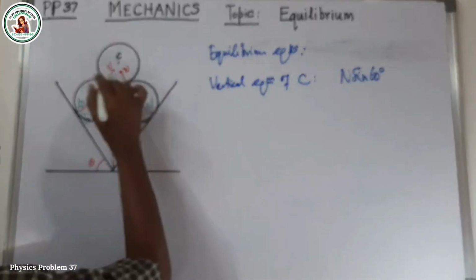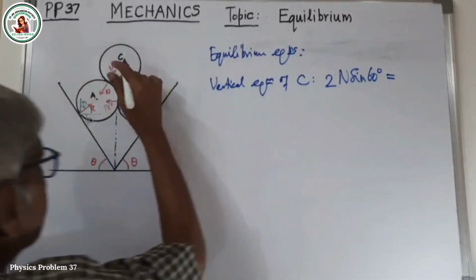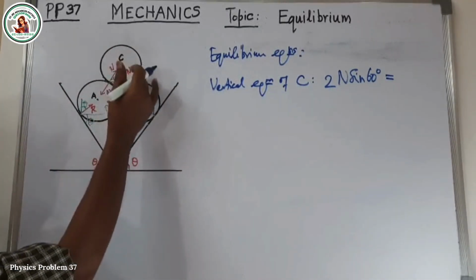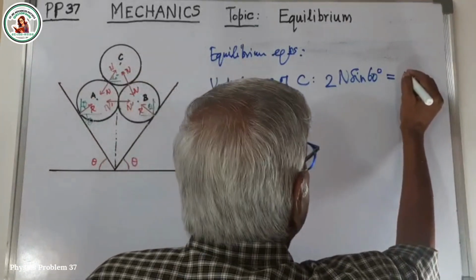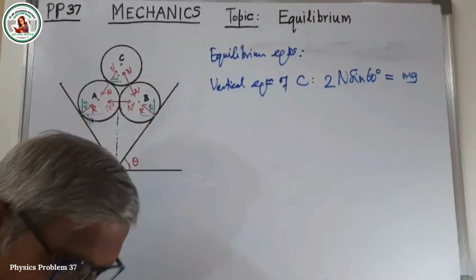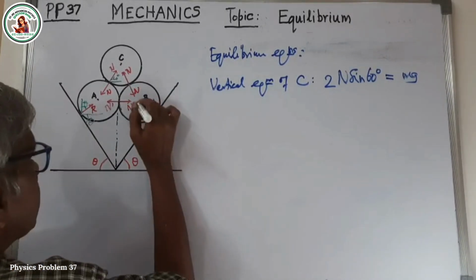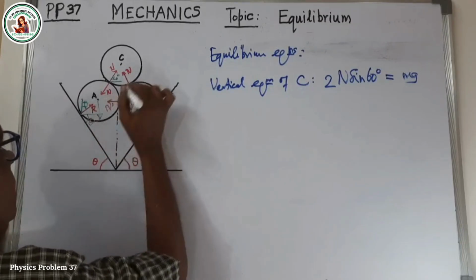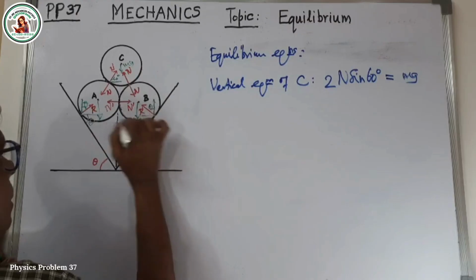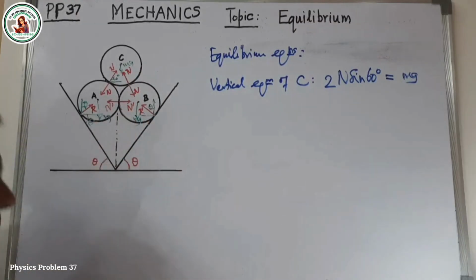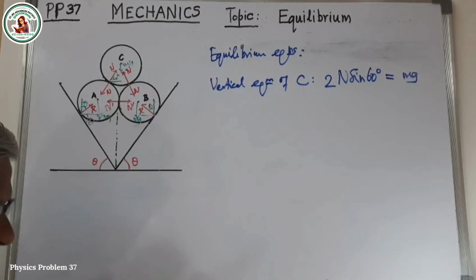There are two N's, so times 2, which should balance the weight of C. There is no other external force on C. So 2N sine 60 degrees equals mg, where mg is the weight of each mass, for vertical equilibrium of C.